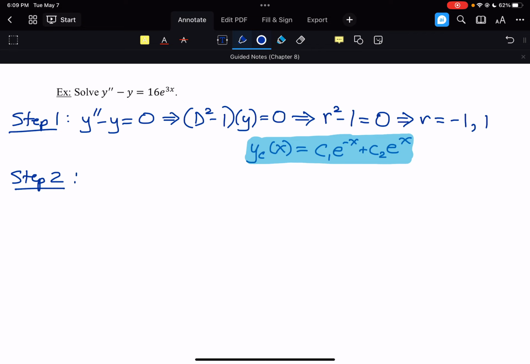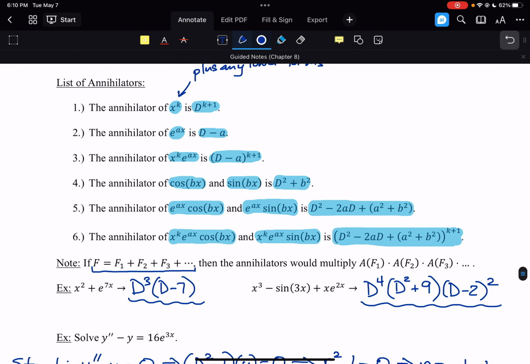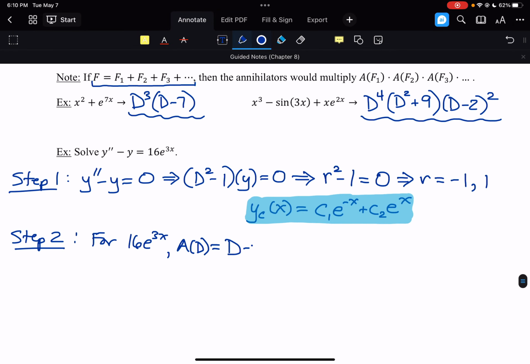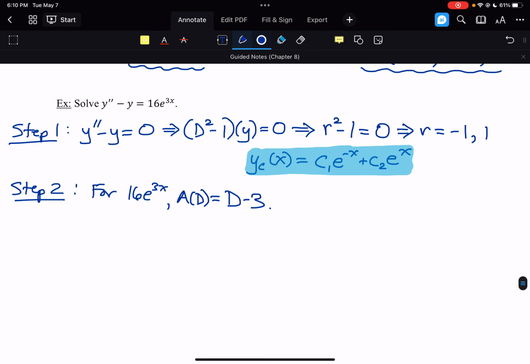Then for step 2, we're going to look at the function. For 16e to the 3x, the annihilator, A of D, that we're going to use, we have e to the ax, that's going to be D minus 3. So we can start with the original form in the derivative operator notation.